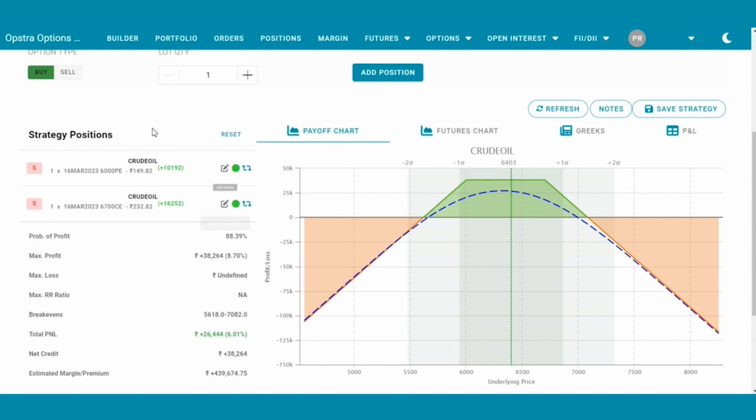As I said, I got two different option prices: when I shorted the 6,700 call, it was around 230 rupees, and for the short 6,000 put option, I got 150 rupees. So the idea is that you can use charts and levels and use that knowledge to do option strategies.